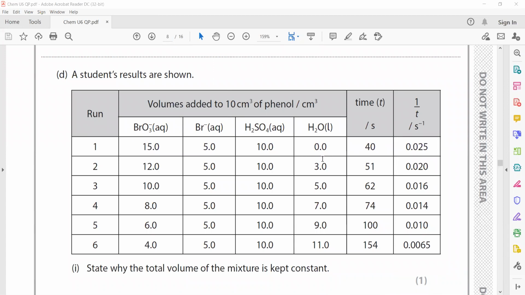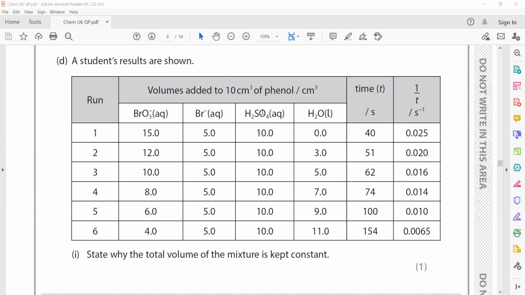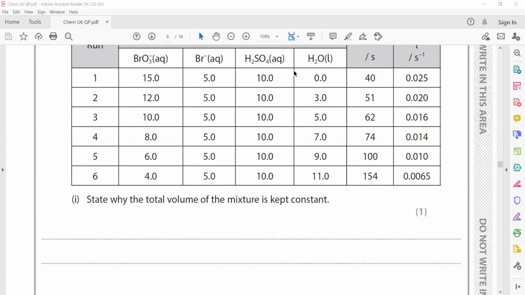He kept it the same, but the total volume of the solution is 40. When you add the total volume, the volume added to 10 cm³ of phenol, so the total volume is 40.